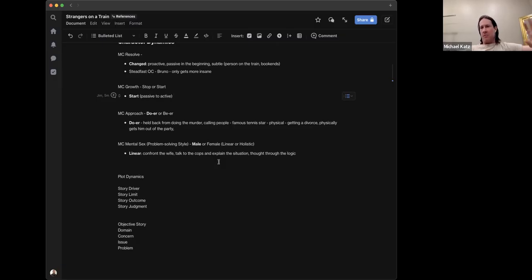You're just deciding what's my main character's trait, and it doesn't have to affect the other. Right now we're reverse engineering, but when we're building, it's not important to think, well, the main character's linear, so I have to make someone else holistic.